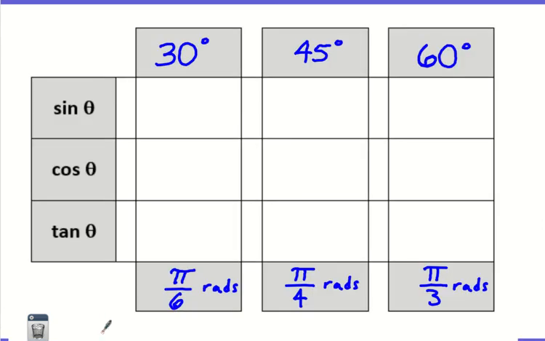And then if you have that memorized, you can figure out the sine of 30, the cosine of 60, the tangent of 45, by using SOHCAHTOA. So see if you can fill out this chart on your own, like the sine of 30, or in other words, pi over 6 would go here, the tangent of 60 would go here, the cosine of 45 would go here. See if you can fill out this chart on your own, pausing the video, okay?